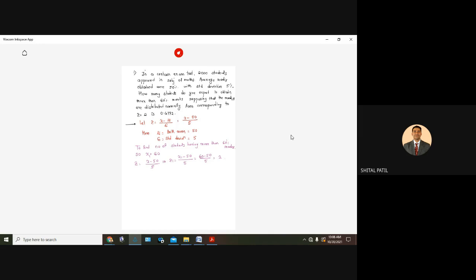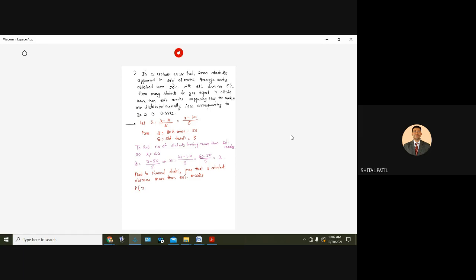According to normal distribution, the probability that a student obtains more than 60% marks.